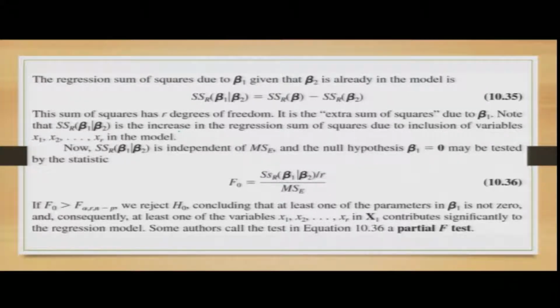Now, the sum of squares of beta 1 given beta 2 is independent of the mean square for errors, and thus the null hypothesis where beta 1 is equal to 0 may be tested by the F statistic given: the sum of squares of beta 1 given beta 2 divided by its degrees of freedom, divided by the mean square for the errors.